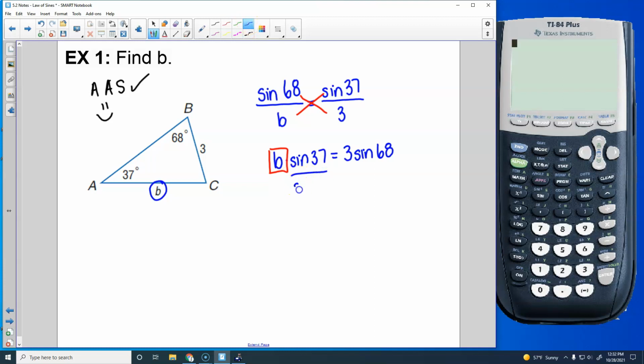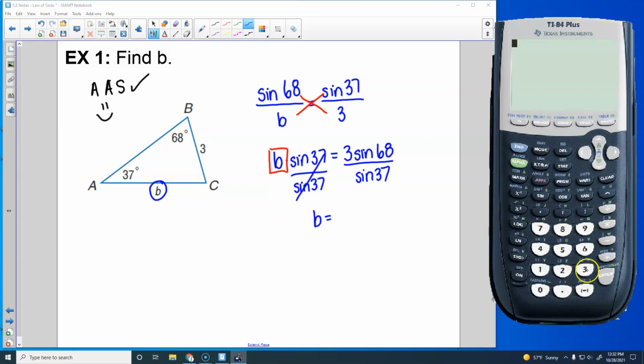Good. Okay, so B is going to equal, and we'll just type this into our calculator. So we got 3 sine 68 divided by sine 37.